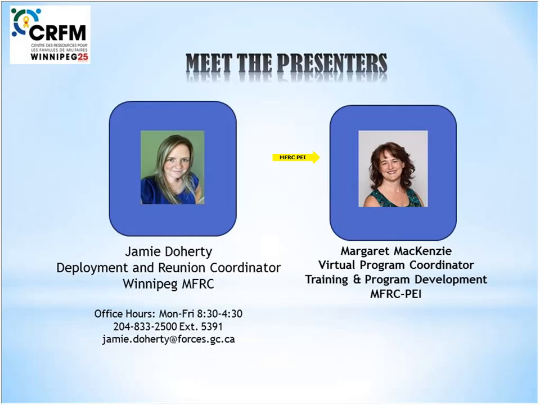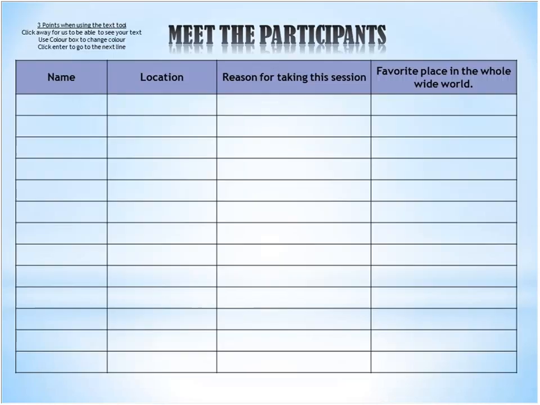Perfect. Thanks, Margaret. So we obviously want to get to know you guys also. It doesn't mean that you have to show your camera, but you're more than welcome to do so. When I call upon you, claim a spot by clicking on your blue arrow, and then fill in each of the portions here: your name, the location that you're taking this course from, the reason you're taking the course, and your favorite place in the whole wide world to be.